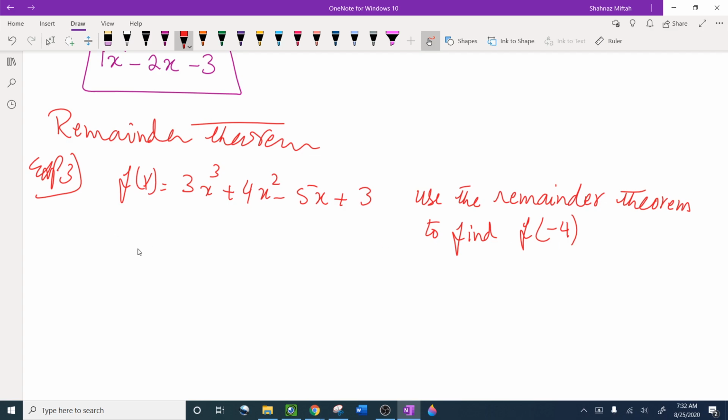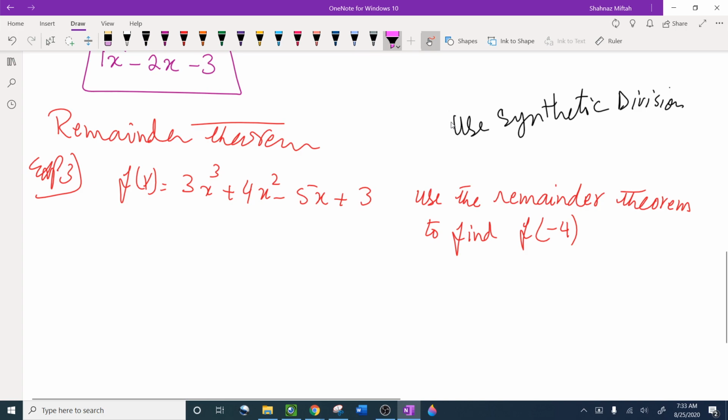So since it's a synthetic division, we have to use synthetic division. Make sure that you know for the remainder theorem, we use synthetic division. So let's go back there and solve this.